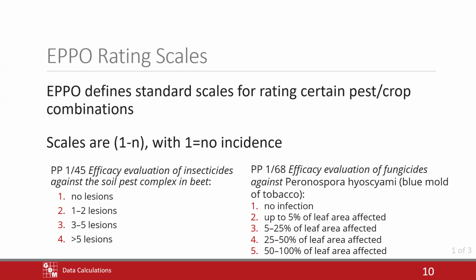And then we have this simple scale, the assessment value itself. You would rate the plot as a 1, a 2, a 3, or a 4, or maybe in this case a particular beet, and you might do it several times, as to what category it falls into. Same thing here with fungicides on blue mold of tobacco.